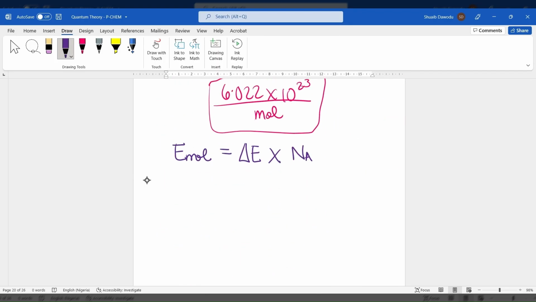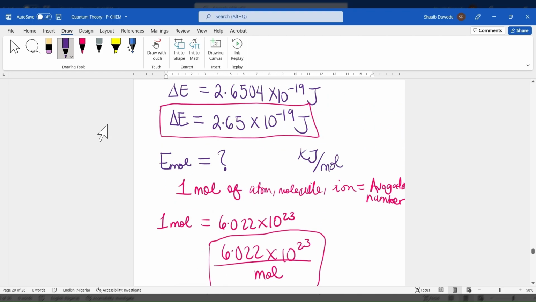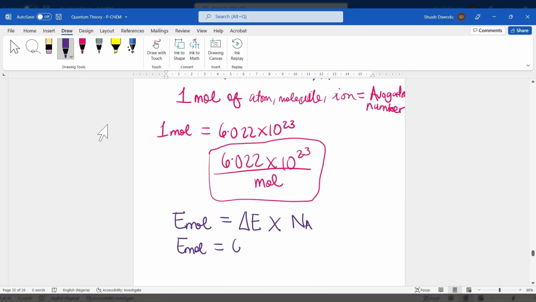So we can just say E mole is going to be 2.6504 times 10 raised to the power of negative 19 joules, times the number of moles, which is just 6.022 times 10 raised to the power of 23 per mole.